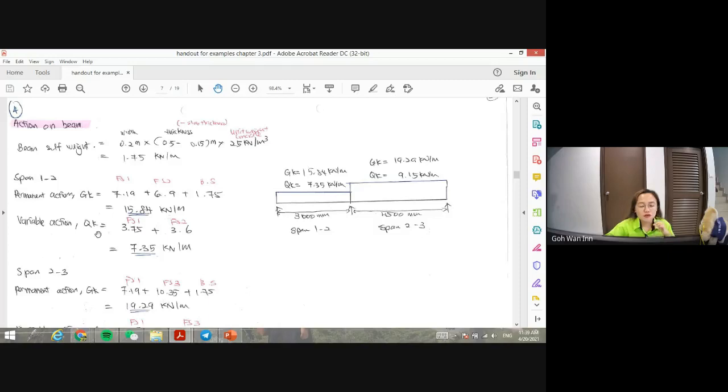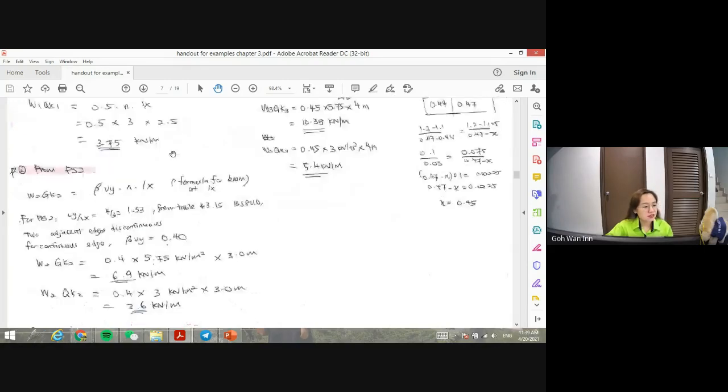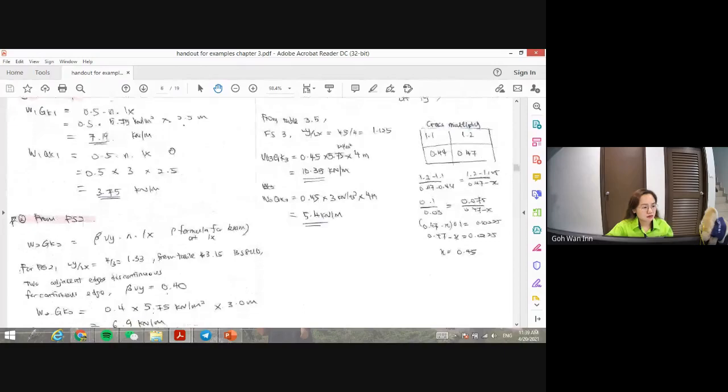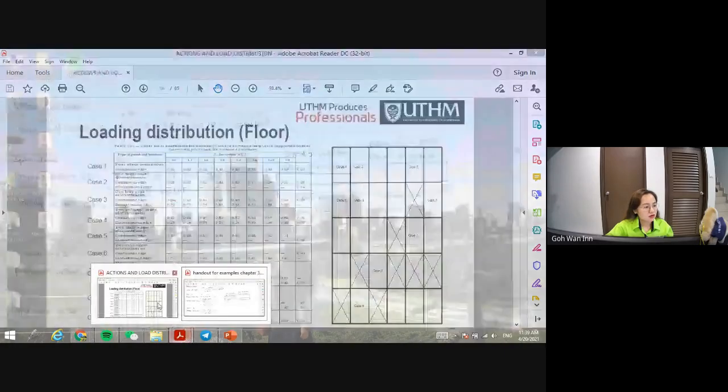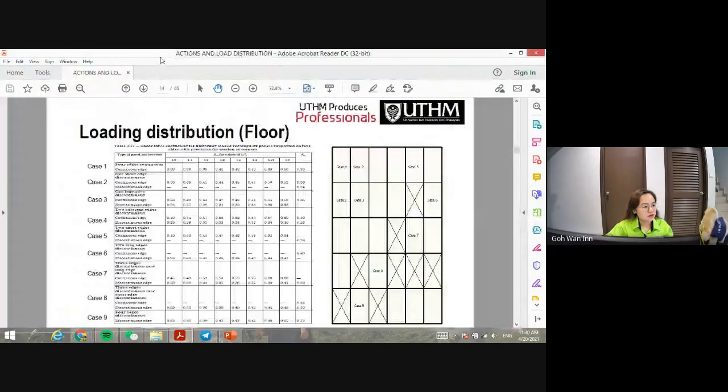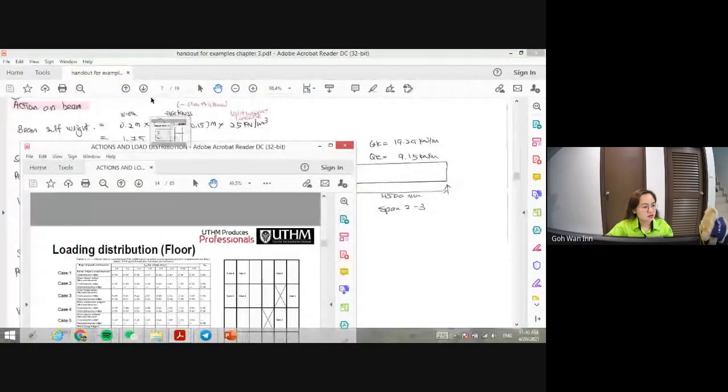So now we focus on the beam. So the beam self weight is the width times the thickness. Thickness now 0.5 minus 0.15. Why is it like this? Wait, let me merge it.